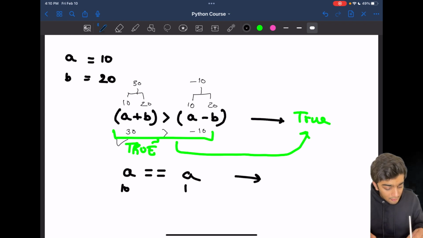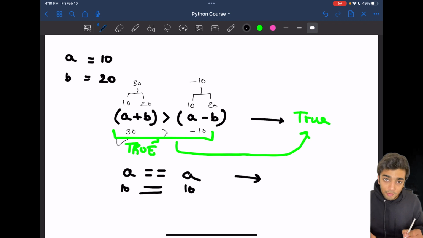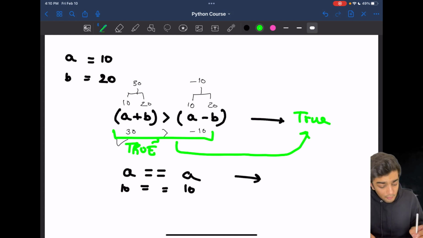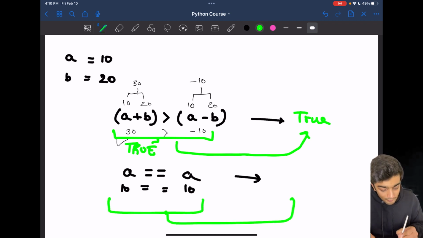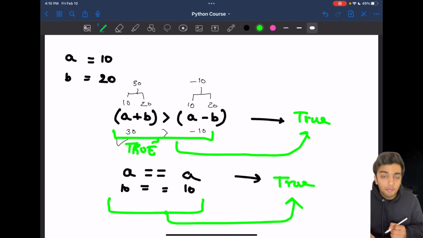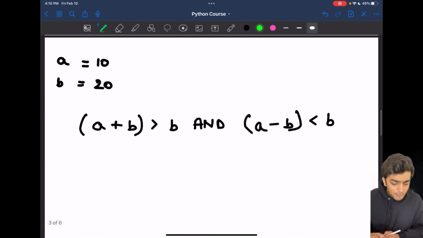Because A is 10 here and A is 10 again. So 10 is in fact equal to 10. So we write it as 10 equals 10, or 10 double equals 10, and this condition is true, so this expression would result in a true value, just like that. Let's move on to the next one.